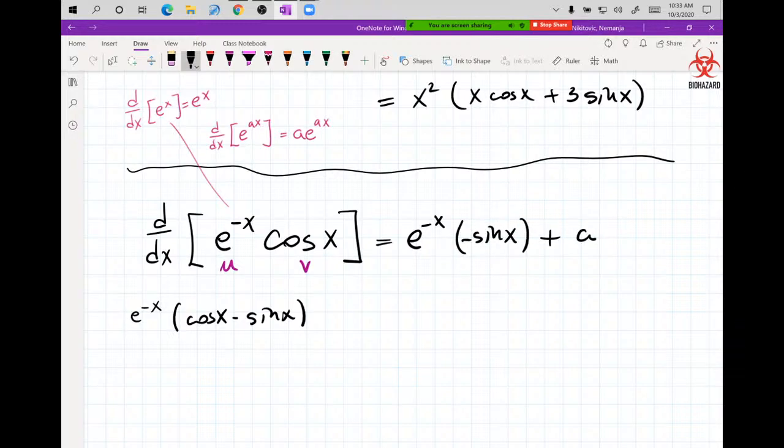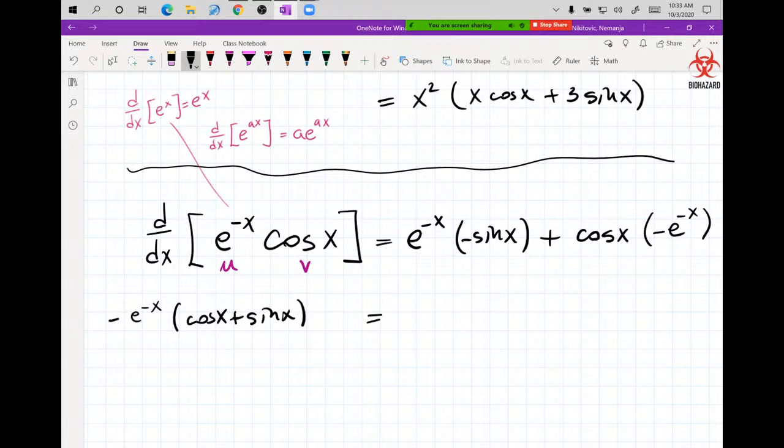Plus copy the second, which is cosine x. And then derivative of the first, which is negative e to the negative x. Negative e, because of that negative. Oh, so there is a negative there. I think you just have the negative there. That's okay. It's not a big deal.